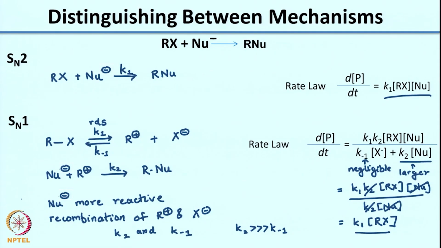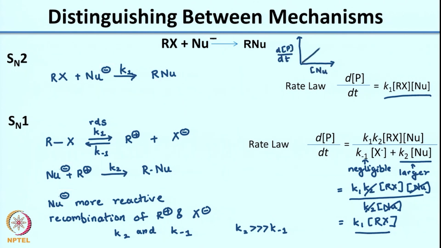So now that you know the dependence of SN2 and SN1 on the concentration of nucleophile, to determine this experimentally, you would just need to plot dP over dt against the concentration of nucleophile.